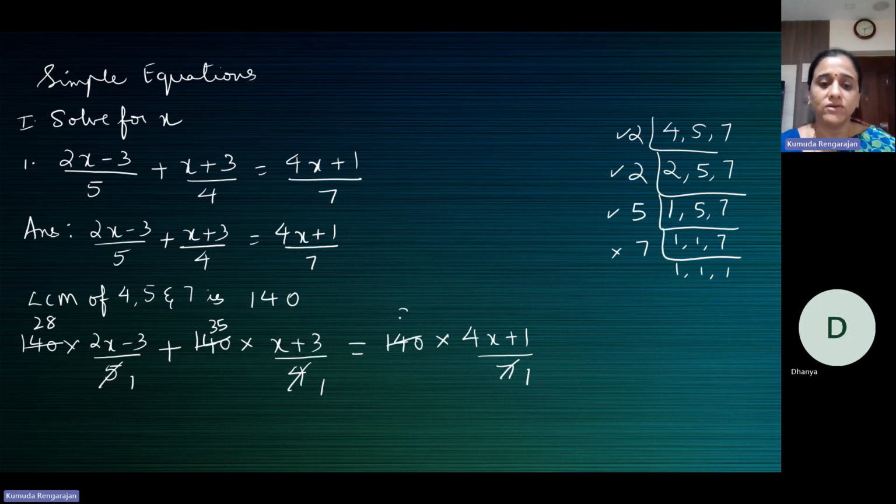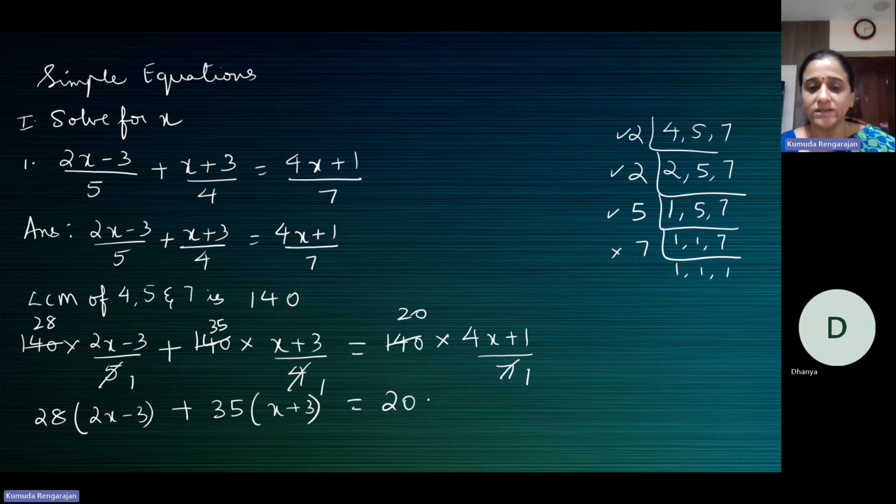So 7 ones are 7, 20 times. So now we have 28 into 2x minus 3 plus 35 into x plus 3 is equal to 20 into 4x plus 1.